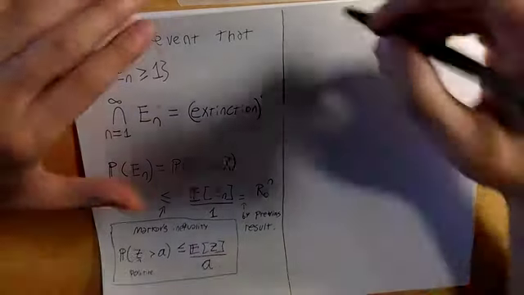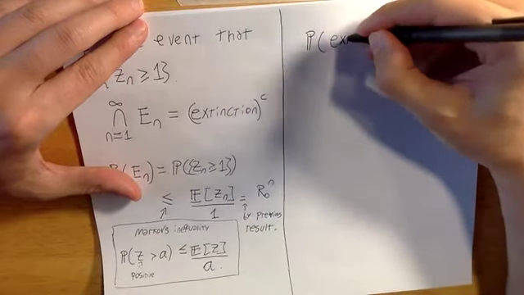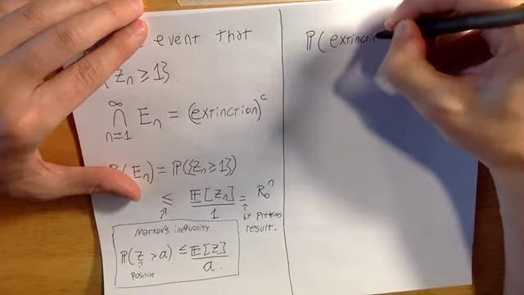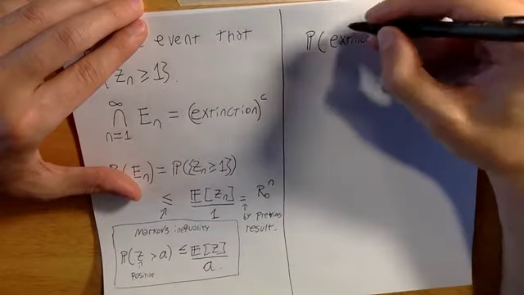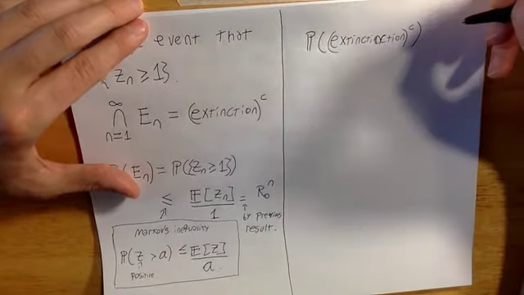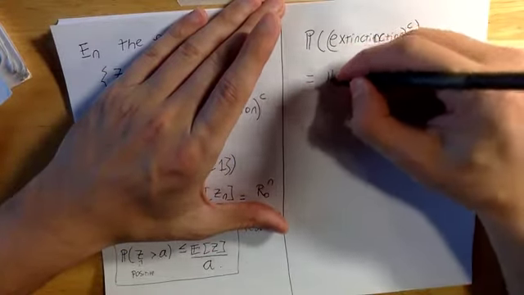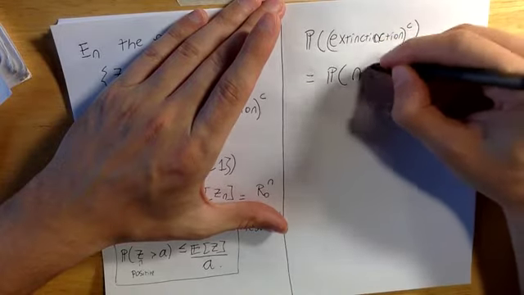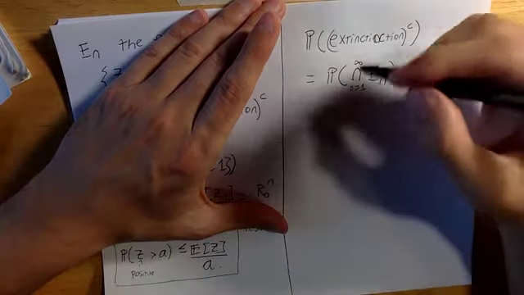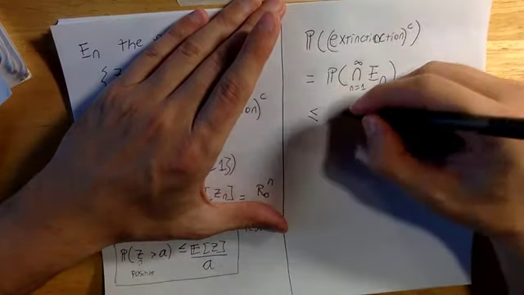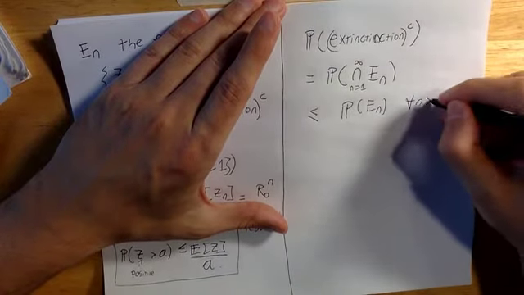Okay, so now if we want to consider the probability of the complement of extinction, this is going to be equal to the probability of the intersection of En, n equals 1 up to infinity, which in turn is less or equal than the probability of En for every n bigger or equal than 1.